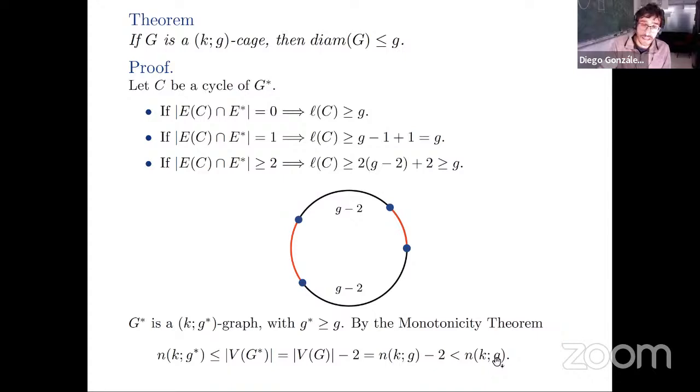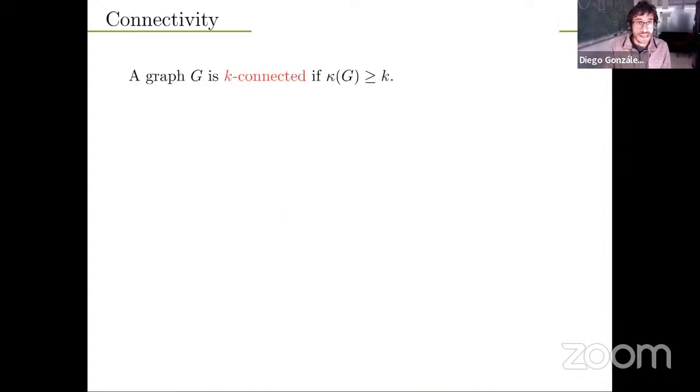So that's a way that we can use the monotonicity theorem to prove some properties of cages. Another interesting property in cages is the connectivity.